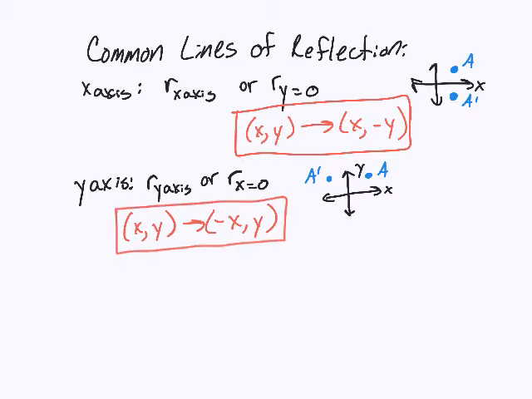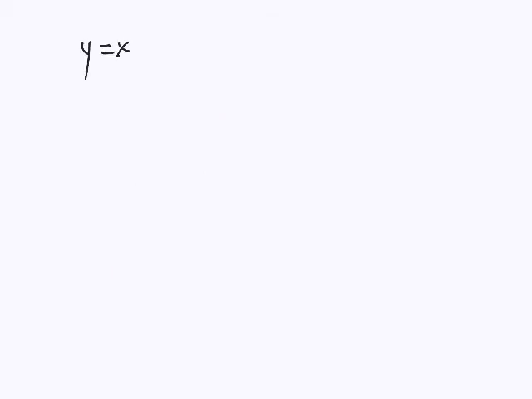And then we have two more special lines that you don't see quite as often as these two. The first special line is the line y is equal to x. If I were to draw an x and y axis again, there's my x, there's my y. The line y equals x is going to be a 45-degree angle going through the first and third quadrant.